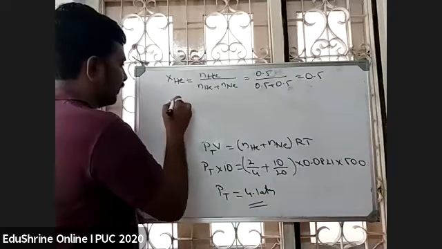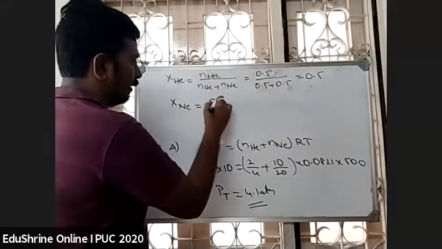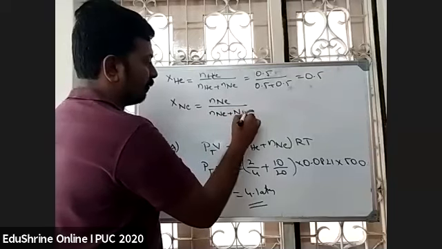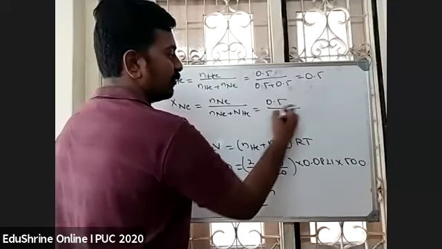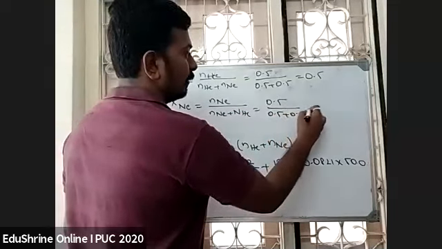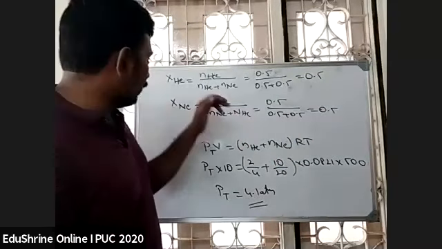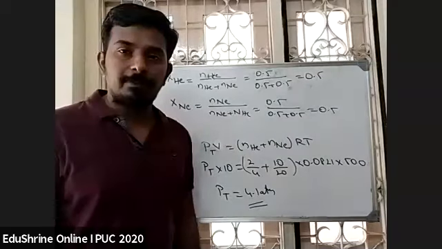In the same way, the mole fraction of neon will be number of moles of neon by number of moles of neon plus number of moles of helium. This is also the same, students: 0.5 plus 0.5, which is 0.5. This is the mole fraction of helium and the mole fraction of neon.